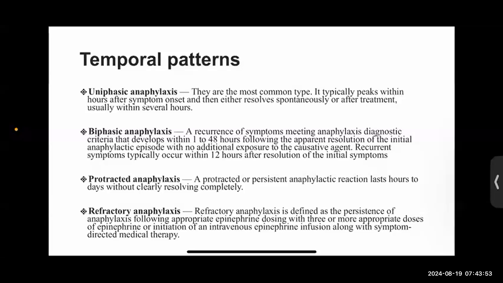But I know that once you're giving medication for up to 2 or 3 doses, and the patient is still symptomatic and requires that you commence an IV infusion of epinephrine, it shows that it's refractory. In protracted, I think it doesn't recover completely, lasts more than 24 hours. So they look almost alike. I'm not very sure of how to differentiate it at this point. Please, I need help. Thank you.